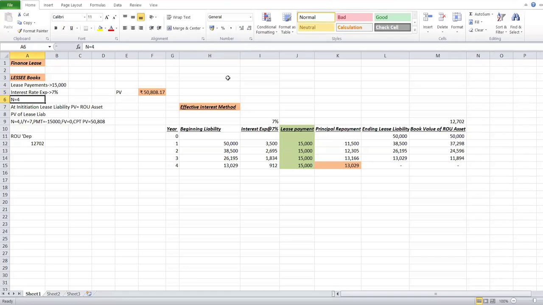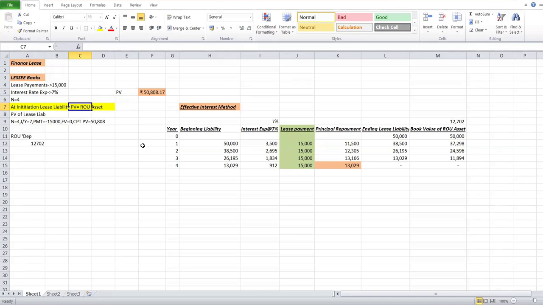Now at the initiation, at point zero, the lease liability, which is on the liability side of your balance sheet, and the ROU asset, which is on the asset side of your balance sheet, are both standing at the same amount before they begin their journey.